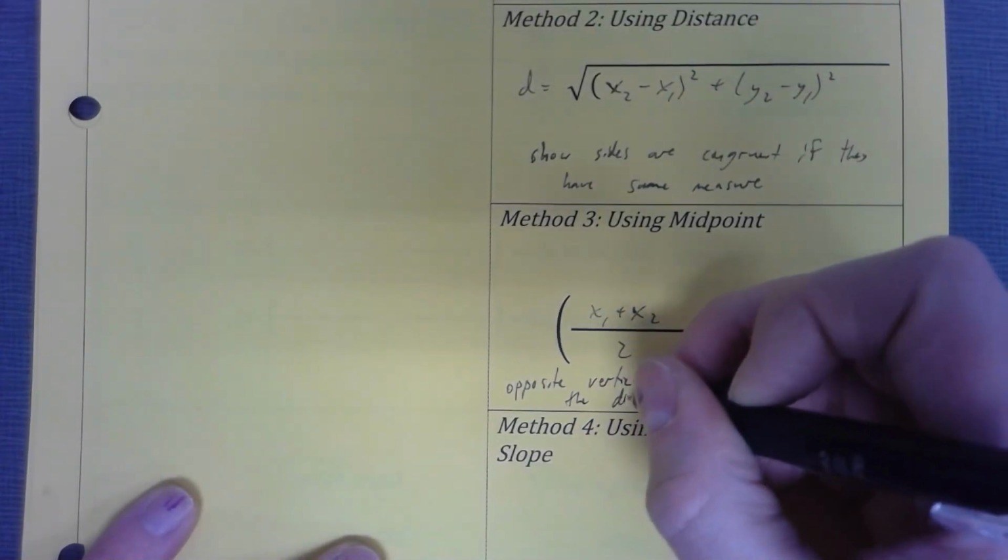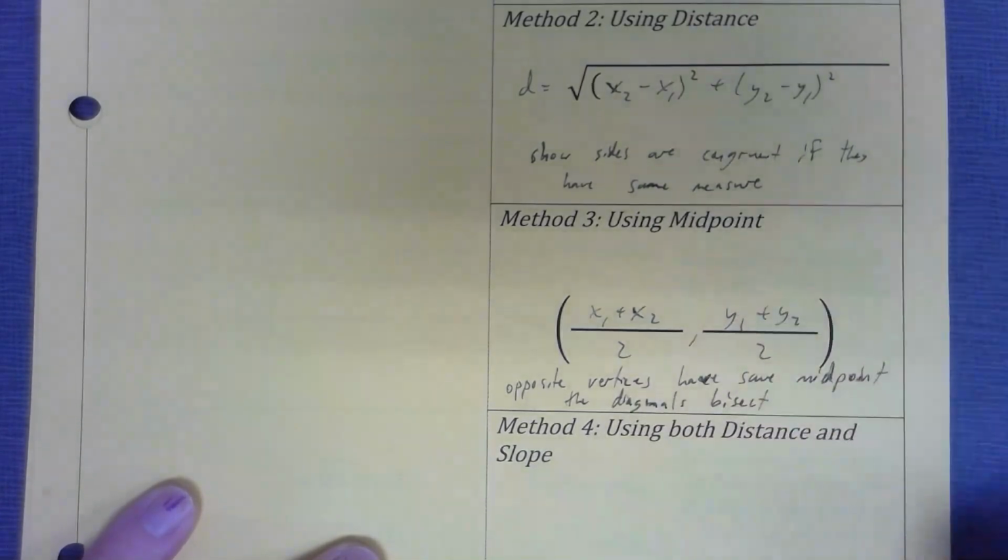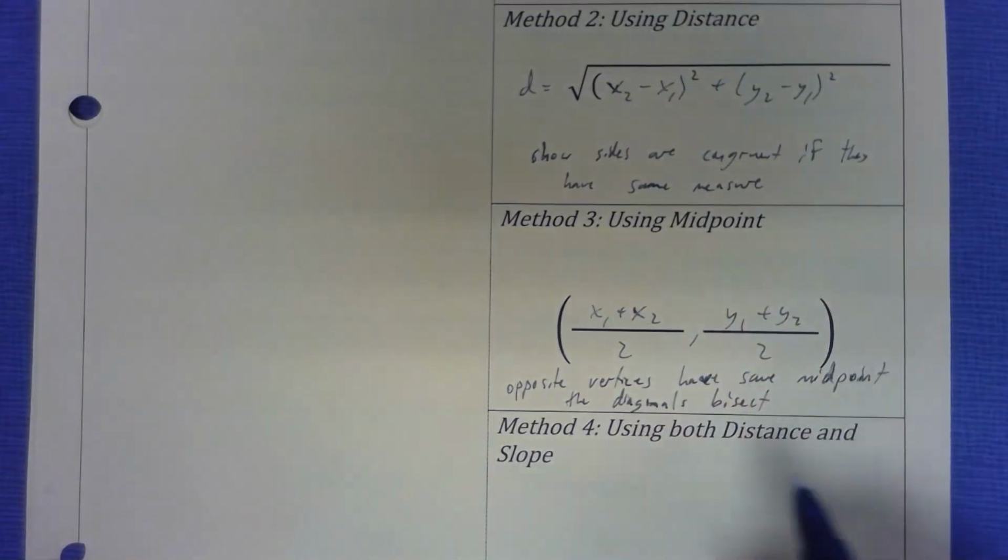Opposite vertices have the same midpoint, then the diagonals bisect.